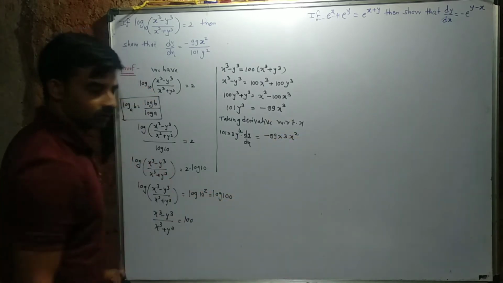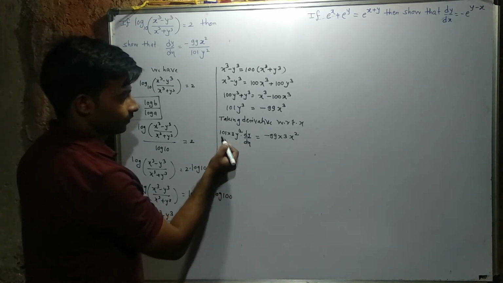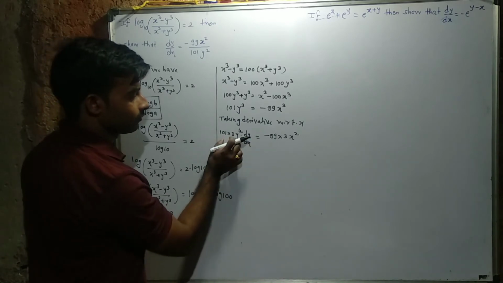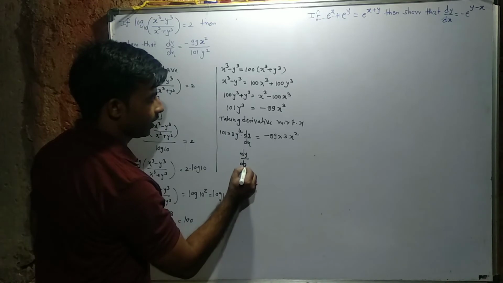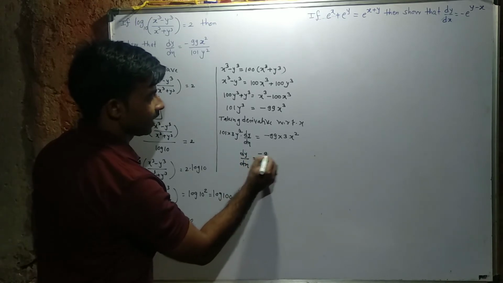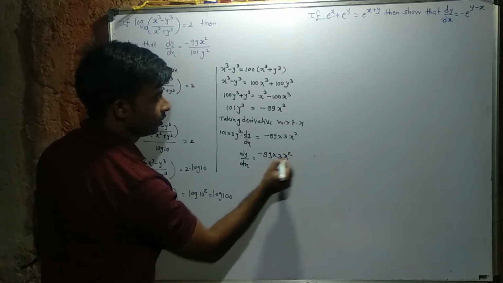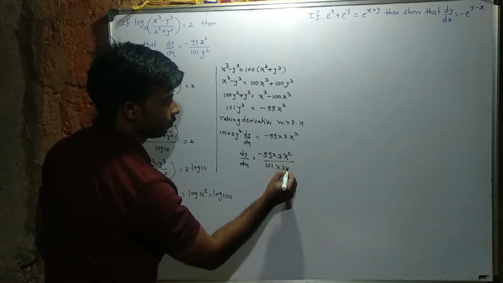Then we can transfer the 101 into 3 into y square from this side to this side. You will get dy by dx is equal to minus 99 into 3x square, whole divided by 101 into 3y square.